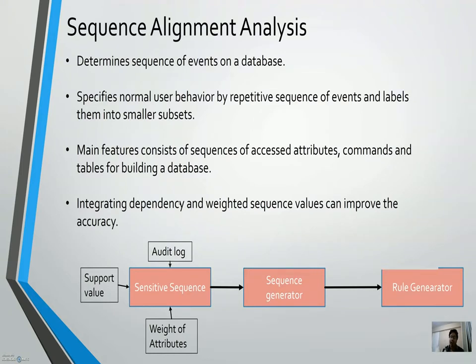These rules are invoked in the IDS, and when a user gives a query, it is executed based on these rules, like whether it is malicious or not. If malicious, what will happen? If it's legitimate, what will happen? These are all the policies that are defined by the rule generator.